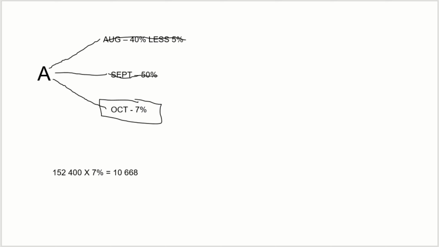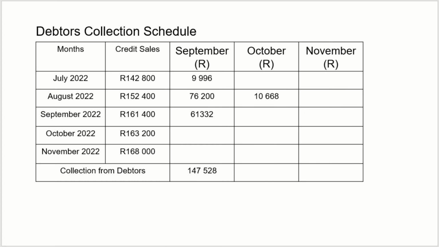All right, now that we are done with October, we are just going to cancel it out. After cancelling out every branch there is, we're going to move on to the next stem, which is the month of September.